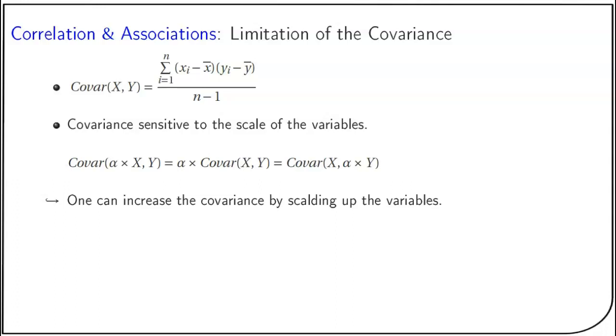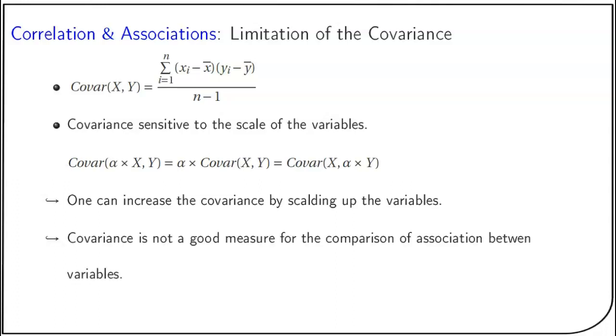Due to this sensitivity to scale, we need an alternative and better metric that can be used to assess and compare the magnitude of associations between variables. The alternative metric that we will consider in the next few slides is the correlation coefficient.